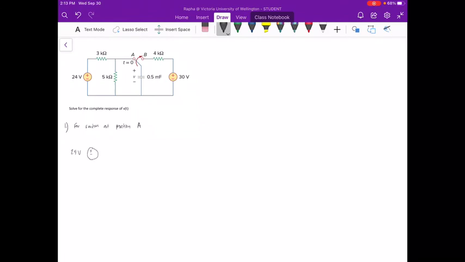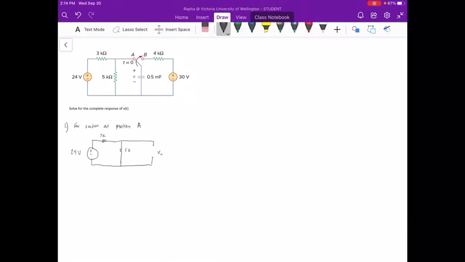We have 24 volts, the 3 kilo ohm resistor, then the 5 kilo ohm resistor, then our VC or the capacitor voltage, in which case we need to remember that under DC conditions our capacitor is assumed to be an open circuit.